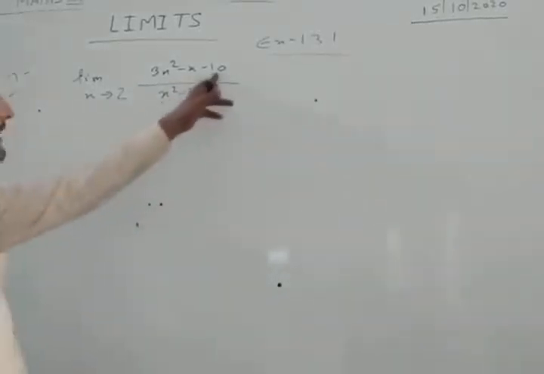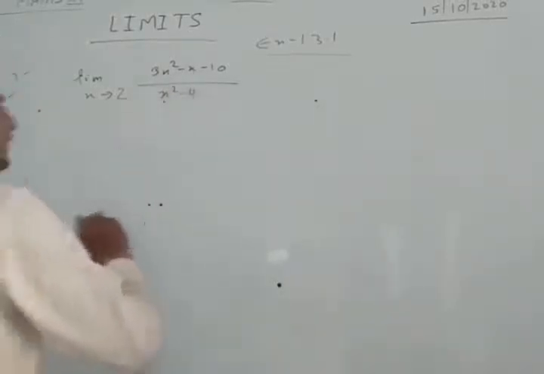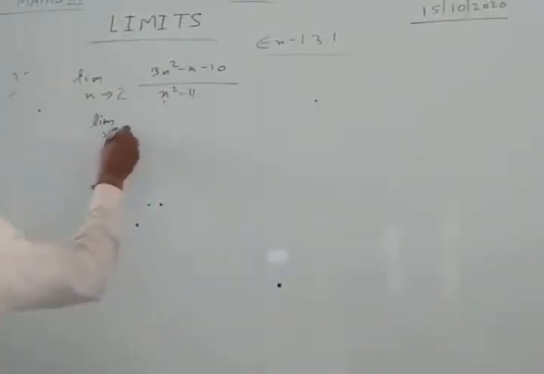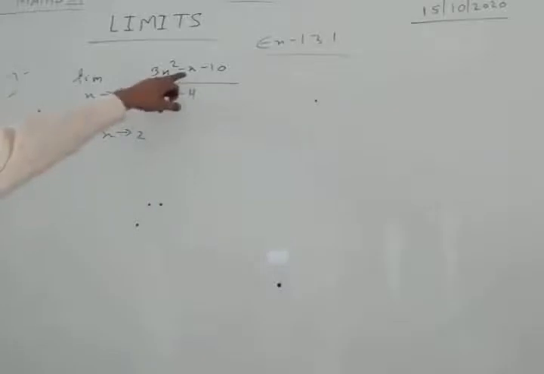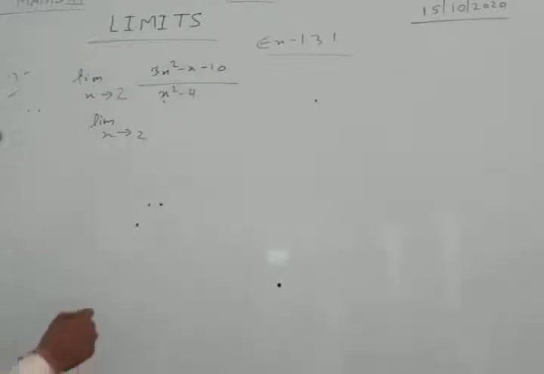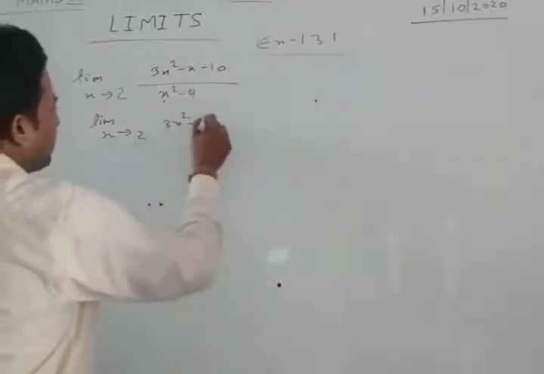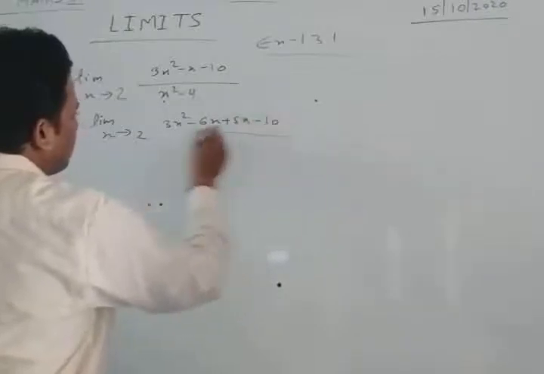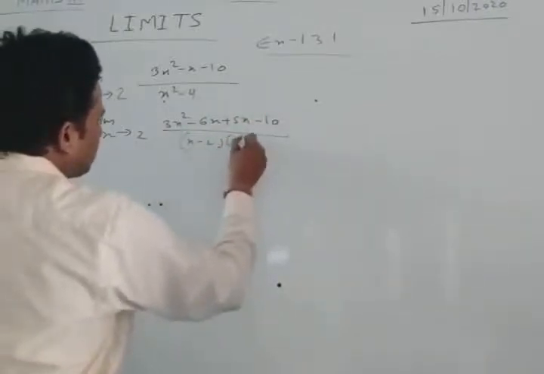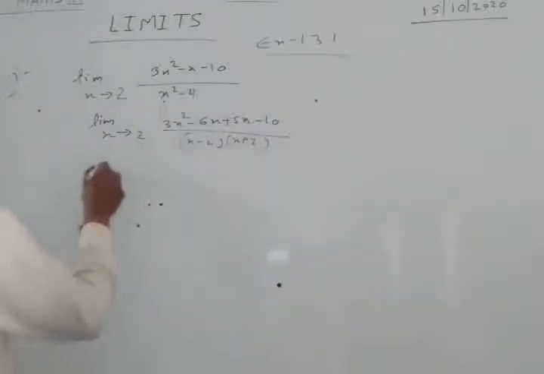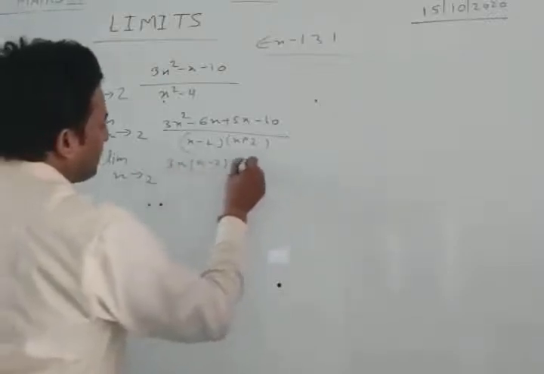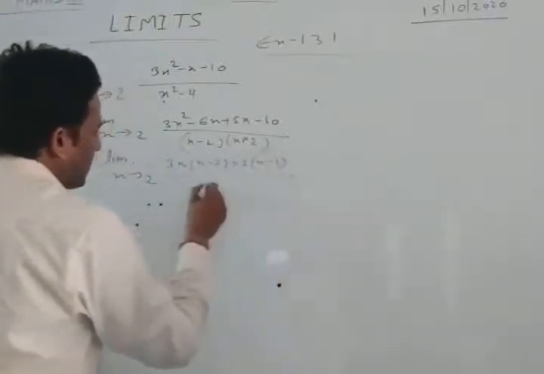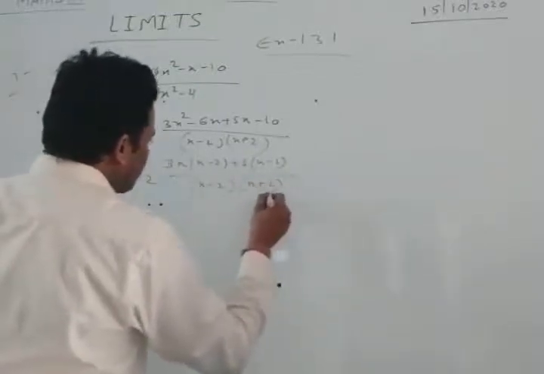First we will factorize both. Then we get limit x tends to 2. What will be the factors? We will use the middle term split. So 3 into 10 is 30, and 6 fives are 30. So 3x square minus 6x plus 5x minus 10 divided by x minus 2 times x plus 2, because a square minus b square. So limit x tends to 2 of 3x times x minus 2, plus 5 times x minus 2, divided by x minus 2 times x plus 2.